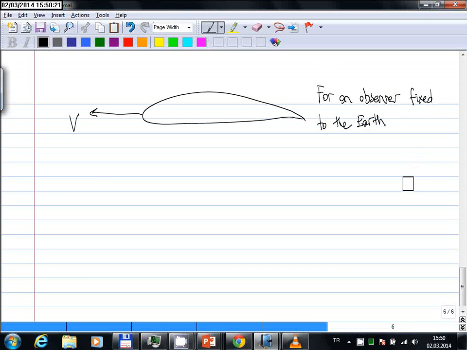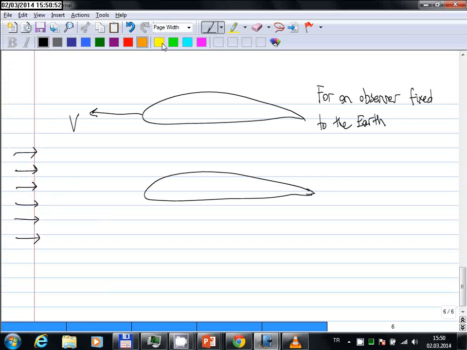But if you are fixed to the airplane, what you will see is that you have your airfoil here, and you see the airflow coming toward your aircraft. Again, if you are an observer fixed to the airplane, you see the airfoil as stationary, and you will see the air coming towards your airplane.